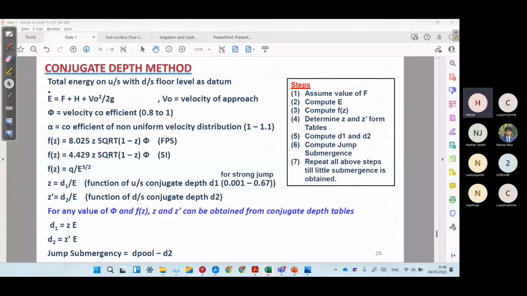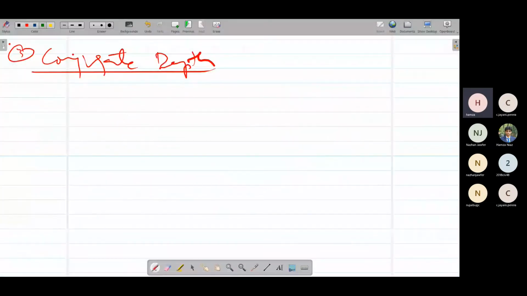The last method is conjugate depth. This is a simpler method, as we do not have to use any graph for it. For this method, first we have to calculate this value. For example, if we have written this Q value as 500,000 CFS, first we have to assume that only 80% discharge is passing through this portion.